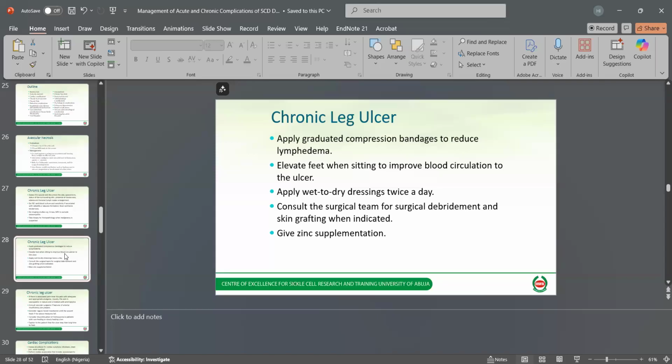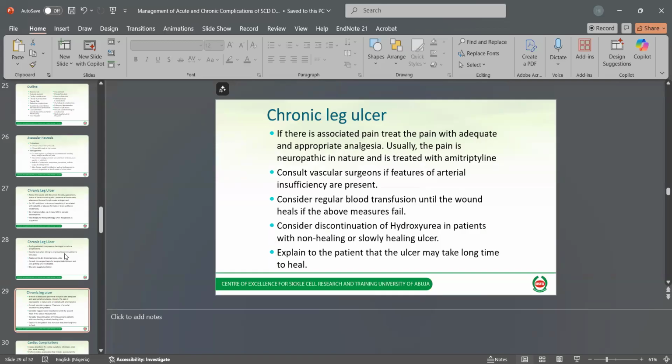So zinc supplements may help because the zinc helps to stabilize the red cell membrane, reducing hemolysis that can subsequently lead to leg ulcers.